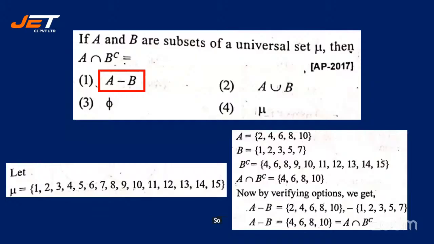So A you can take, B they've given. So B complement is this, and A intersection B complement is 4, 6, 8, 10. Now you can also verify the options.